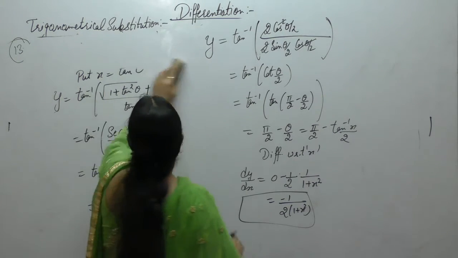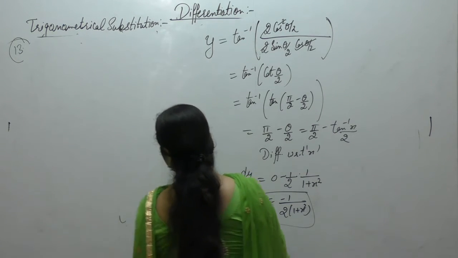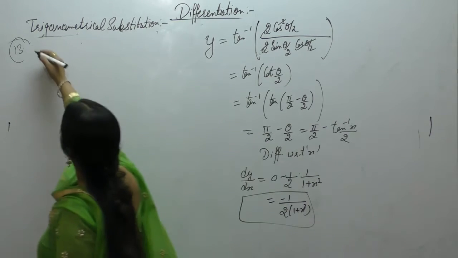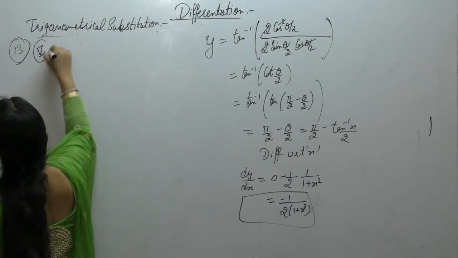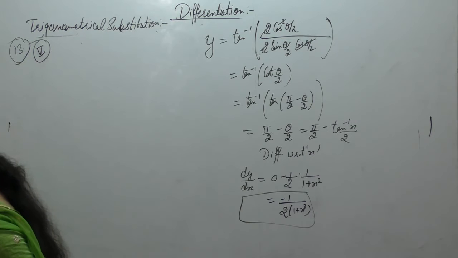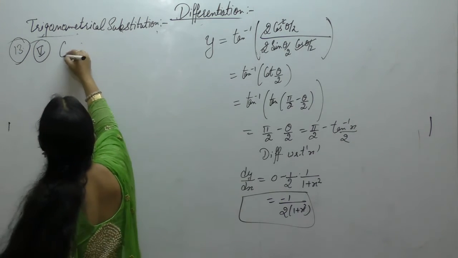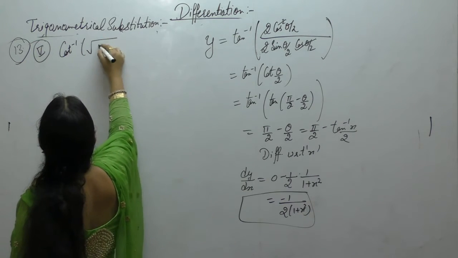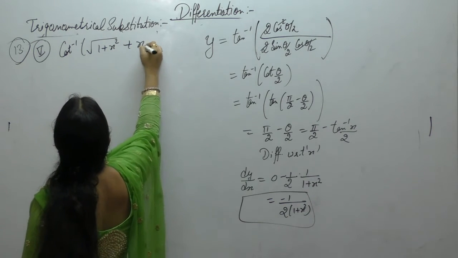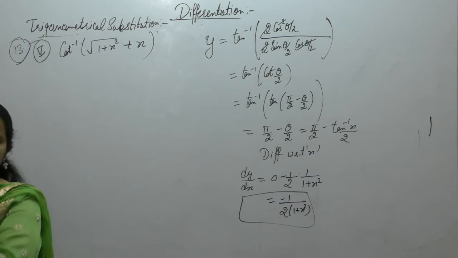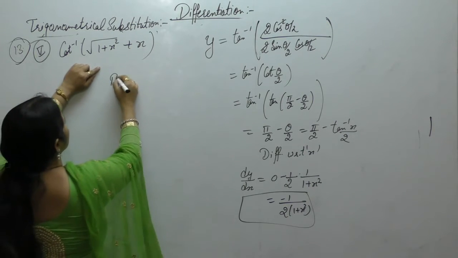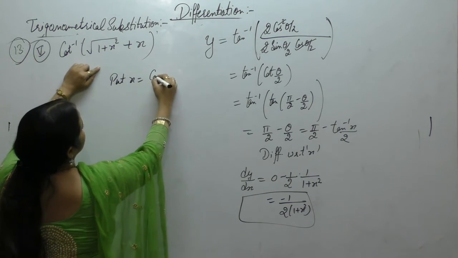Now the next part. Cot inverse of square root of 1 plus x square plus x. Put x is equal to cot theta here.